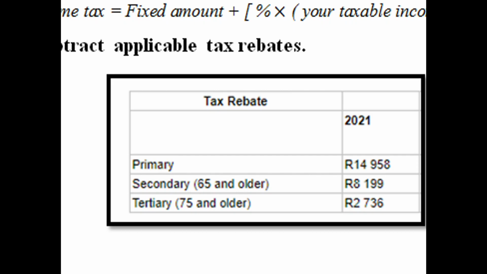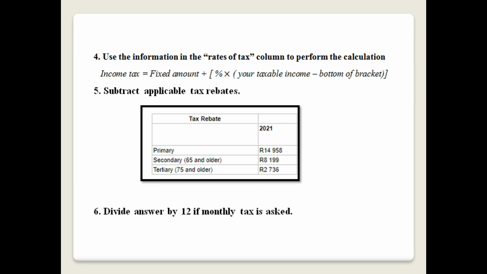And then if you are 75 years and older, you are entitled to the primary, the secondary, and the tertiary. So yes, if you are 75 years and older, you can get the relief for 3 rebates. And then divide the answer by 12 if they ask for monthly tax.